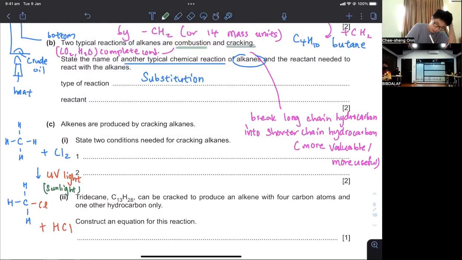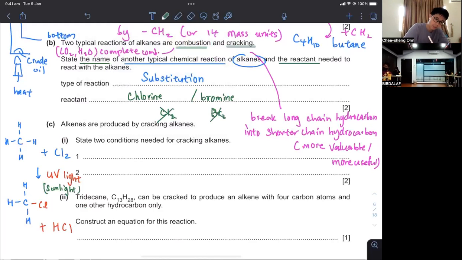By the way, the question asks you to state the name of the reactant, so you cannot give Cl2, it must be chlorine. You can also give bromine, but you cannot give Br2 because they want the name, not the formula.